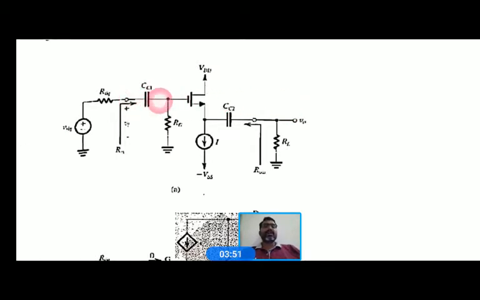And here also we are using capacitors CC1 and CC2 as coupling capacitors to block the DC and pass the AC.